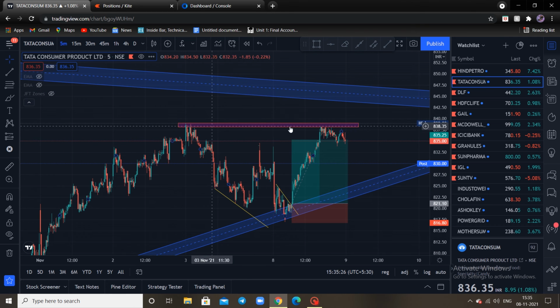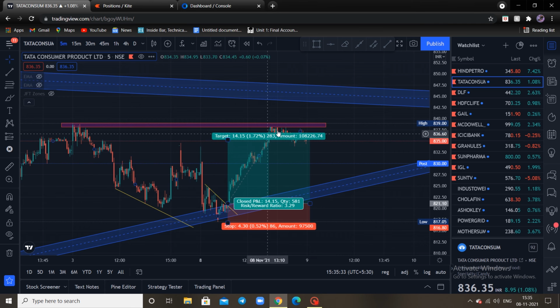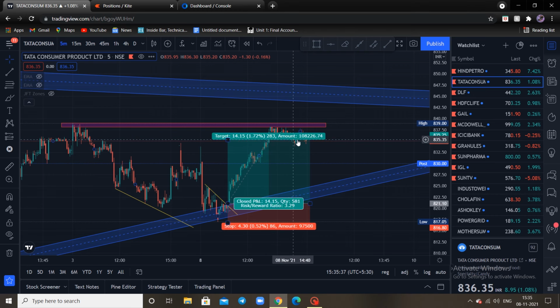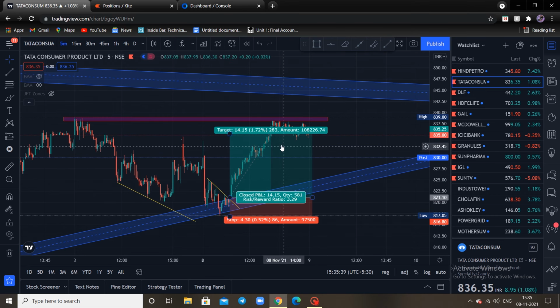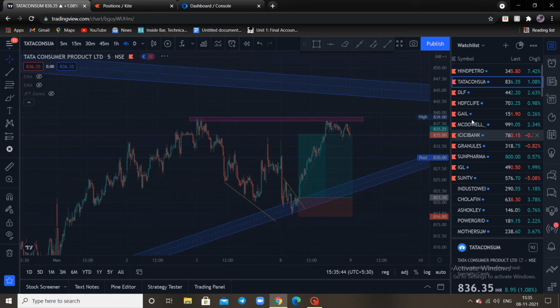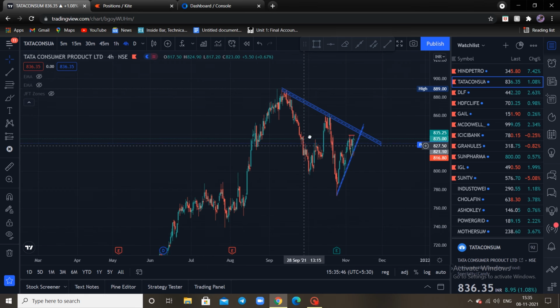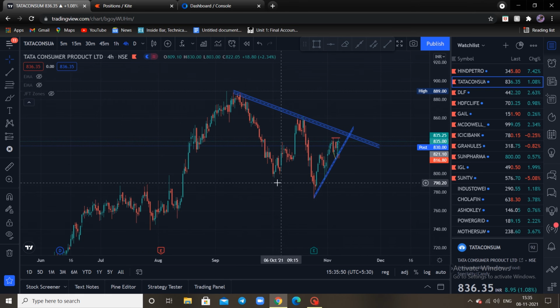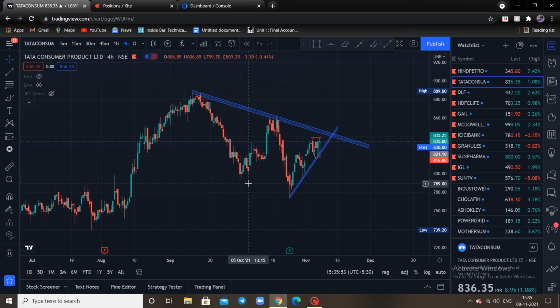So I already drew a box here. As I expected, when the price hit near that box, it struggles a little bit. So I exited there, because in the long run it is in a downtrend. I'm on the buy side, so it's not safe to hold for more. So I exited at my 1:3 risk reward ratio. I didn't wait for this uptrend line target.